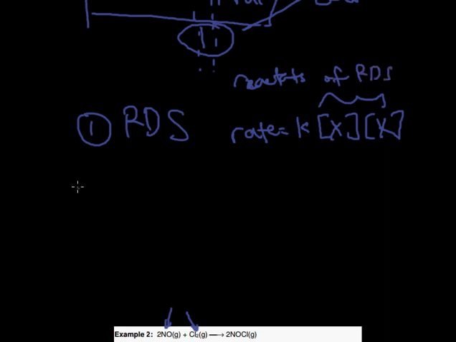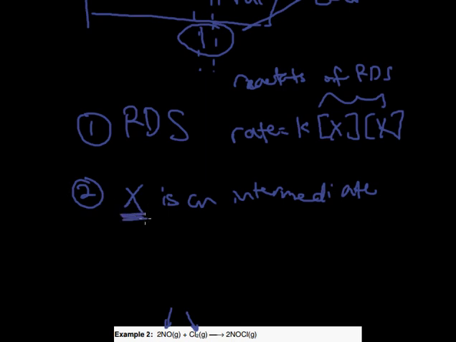And if x and y are intermediates, let's suppose x is an intermediate, then find out how the formation of x, the rate of formation of x, is related to the reactants.